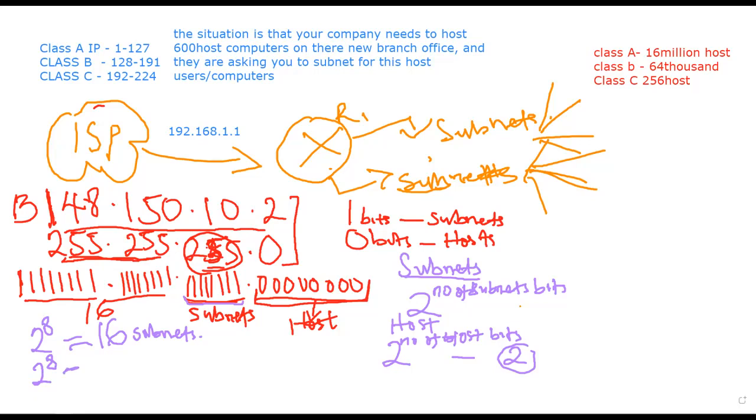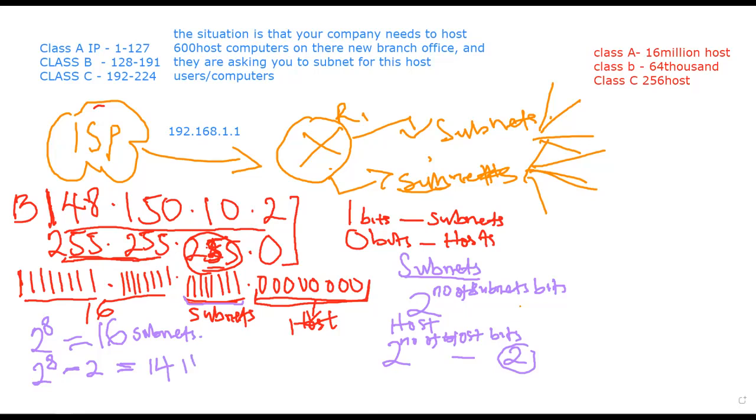minus 2. This would be equal to, again, 16 minus 2, which is 14.